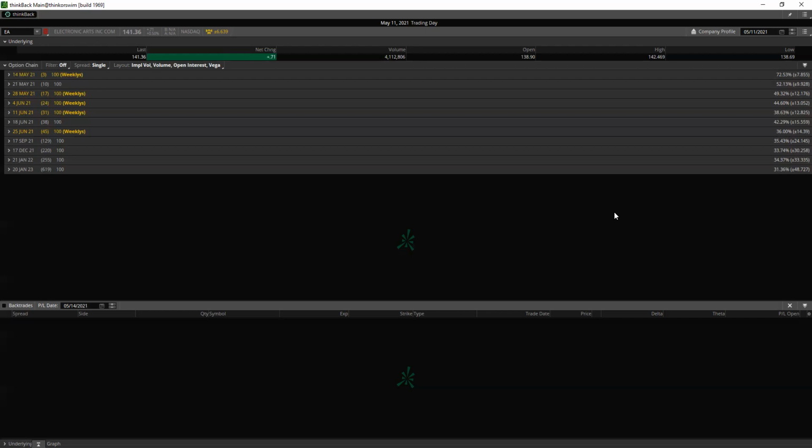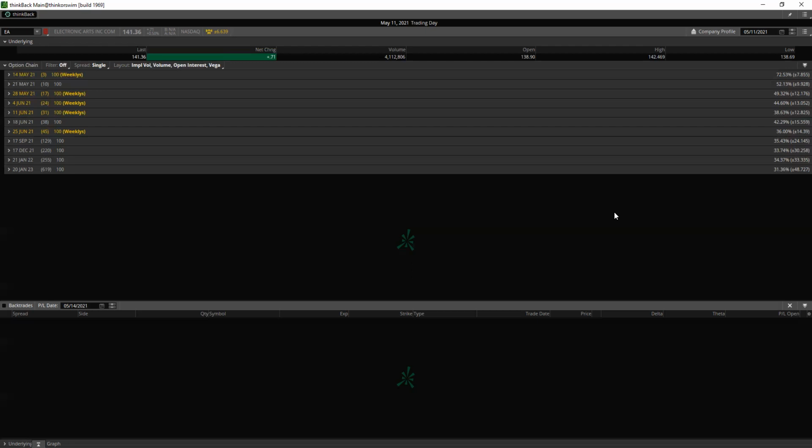But in actuality, the real reason implied volatility levels go up or down is primarily because the market is pricing in the amount of volatility that it expects, because that's what options are doing all of the time. No matter when we look at them, all options contracts have a pricing in of the amount of volatility that is expected for that stock.